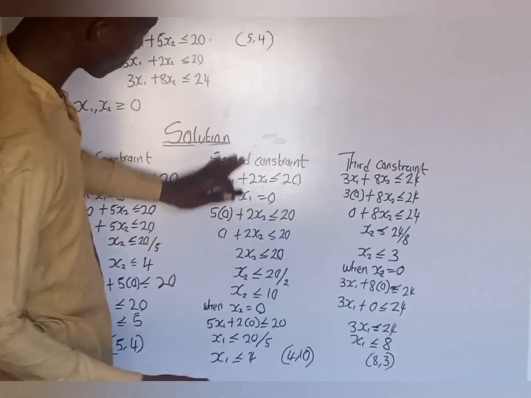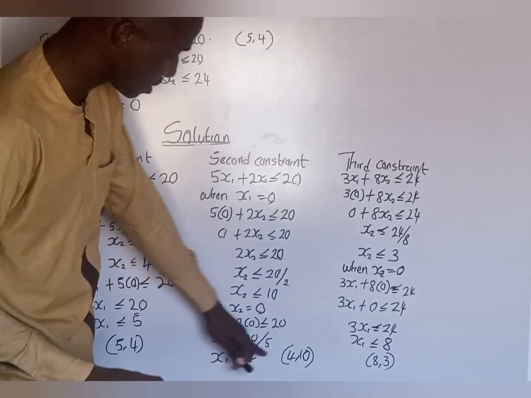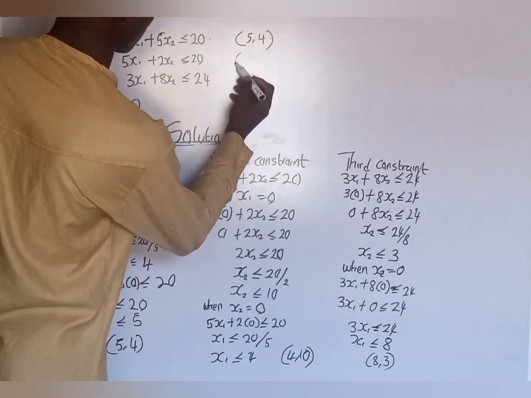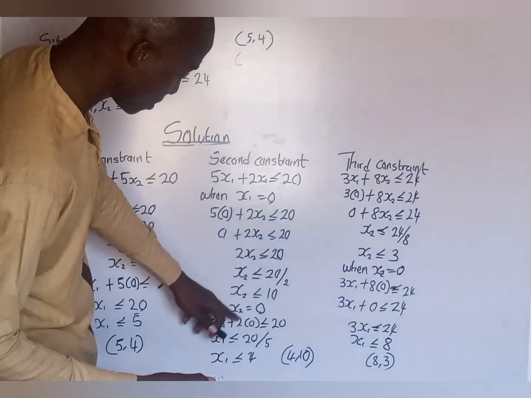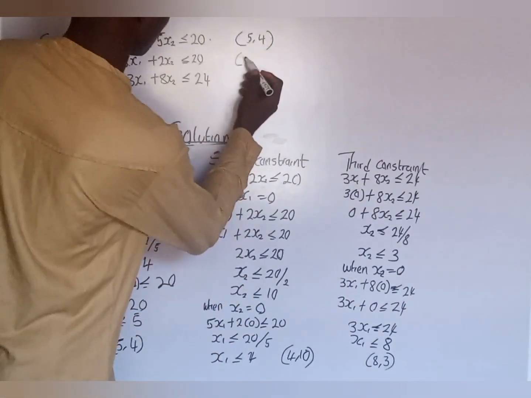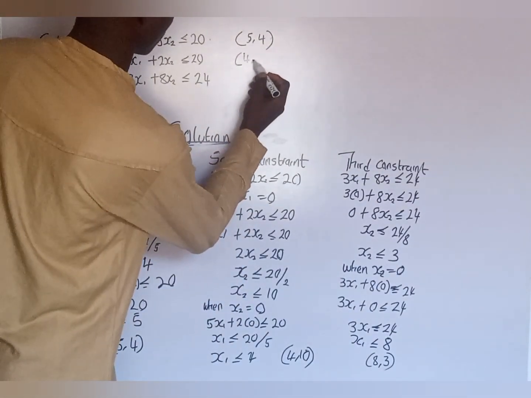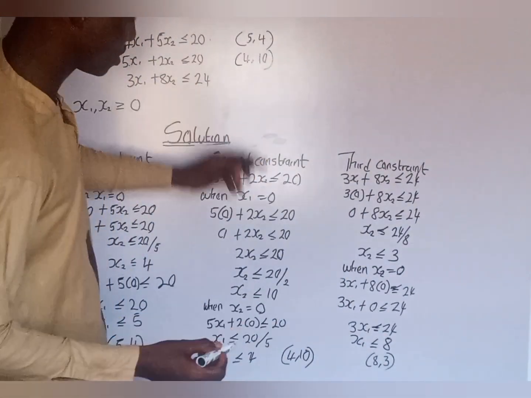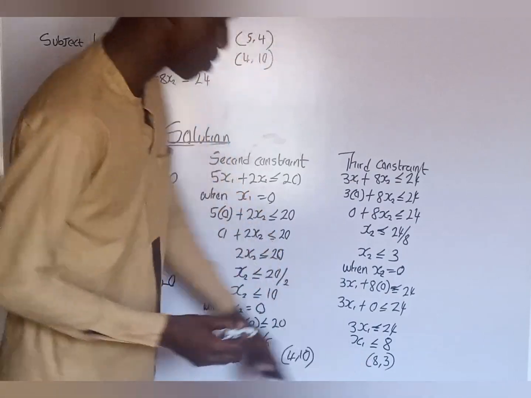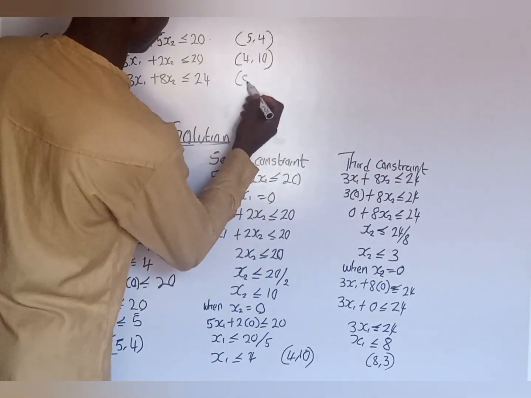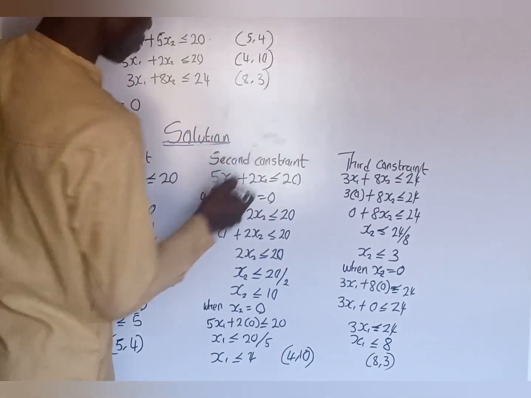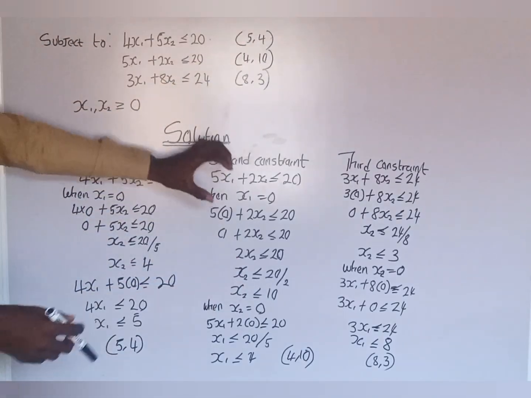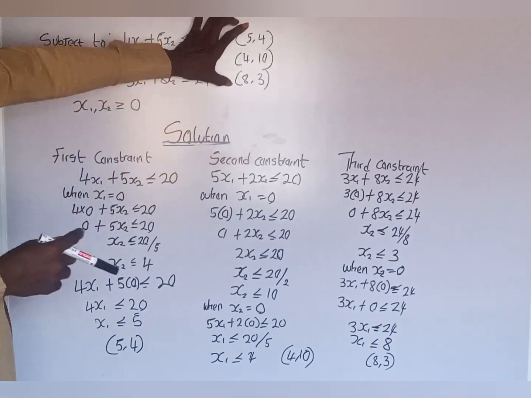Then for the second constraint, I have (4, 10). For the third constraint, the coordinate is (8, 3). So these are the values when I plug everything in.